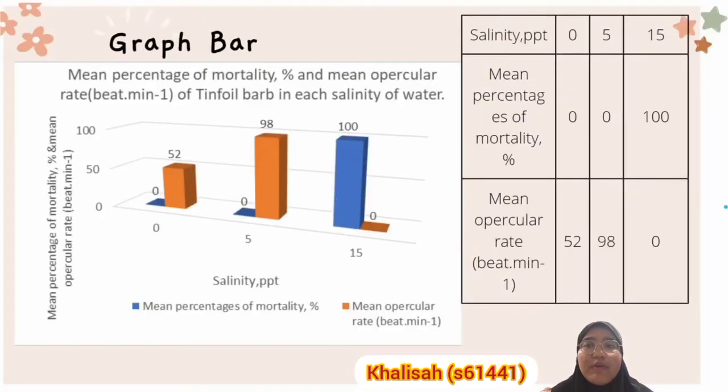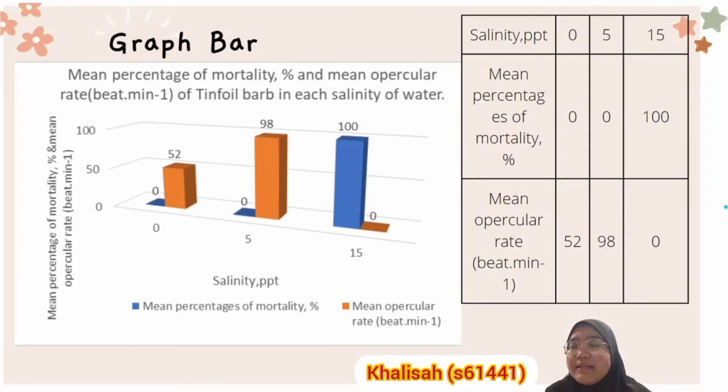Next is the bar graph, mean percentage of mortality and mean opercular rate of tinfoil barb in each salinity of water. So we have salinity 0, 5 and 15. In salinity 0, we got mean percentage of mortality 0. In salinity 5, mean percentage of mortality is 0.